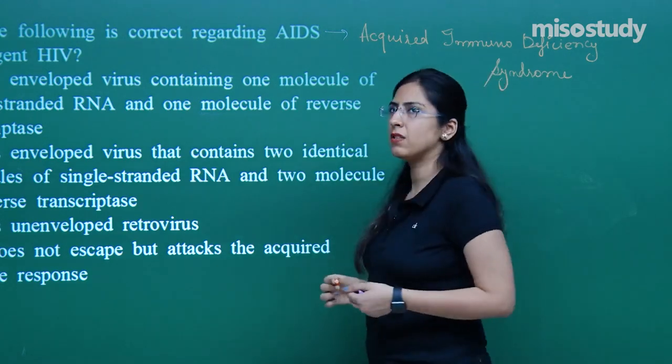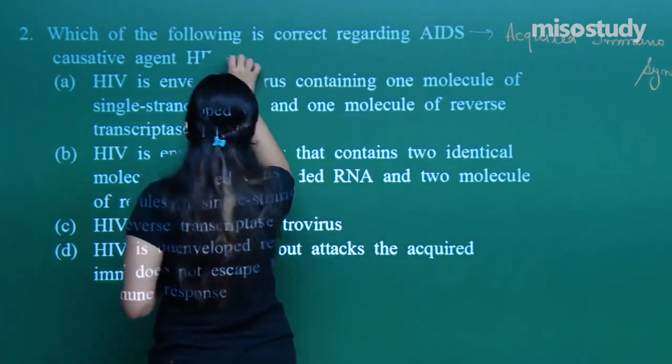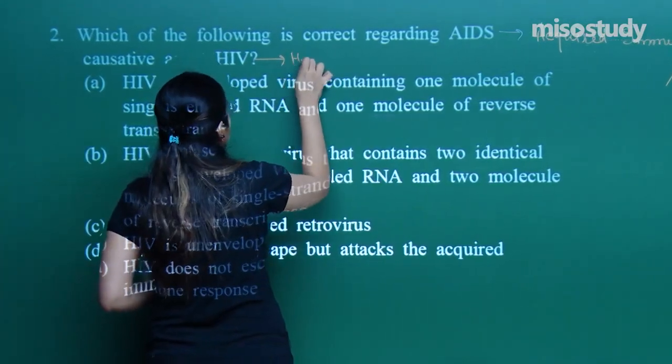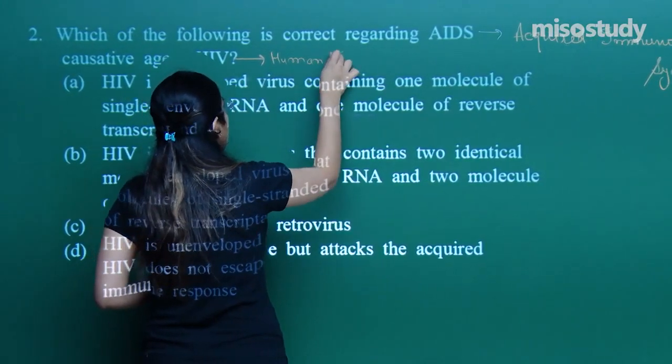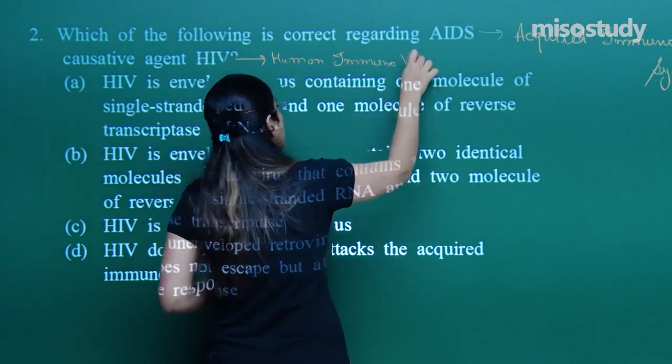Acquired immunodeficiency syndrome. This is called AIDS. The causative agent is called HIV, that is human immunodeficiency virus.